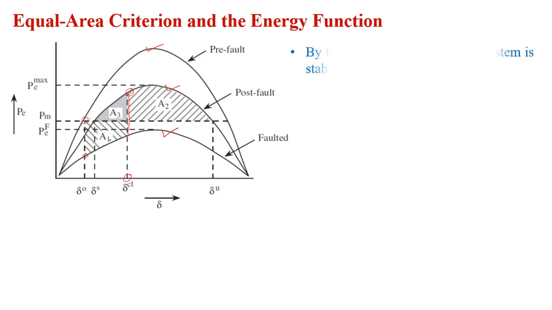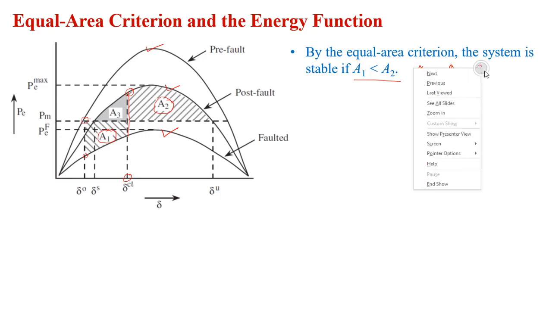We know by the equal area criterion that the system is stable if A1 is less than A2. When A1 is less than A2, your system is stable. If A1 is equal to A2, this gives us the critical stability point.